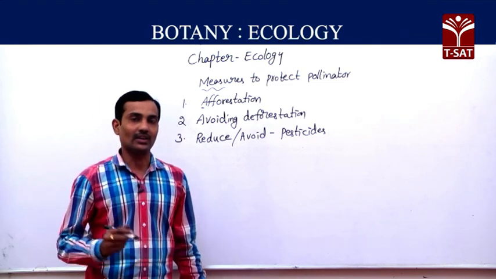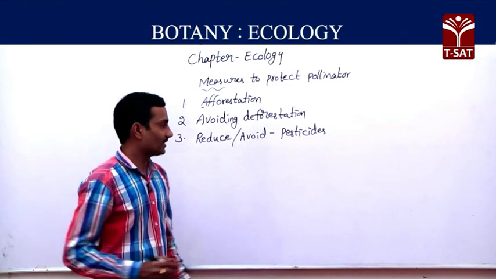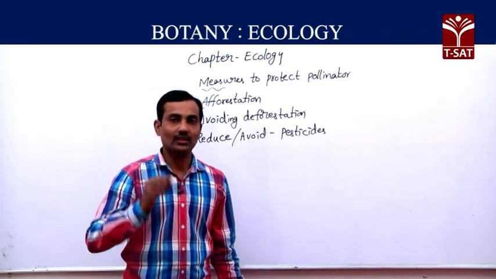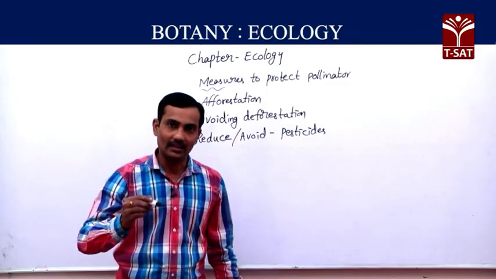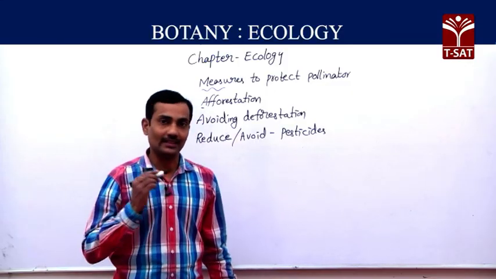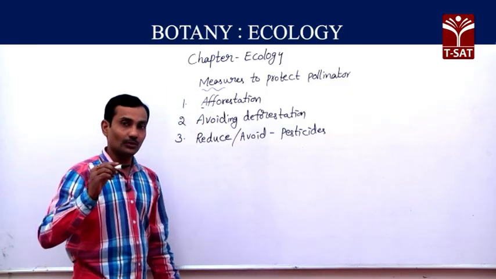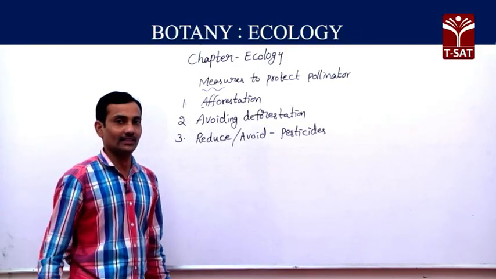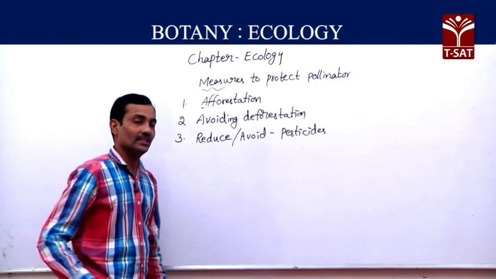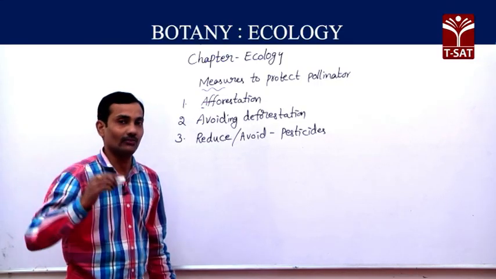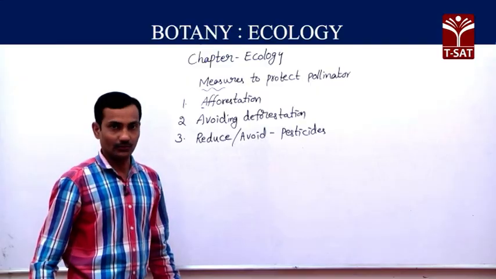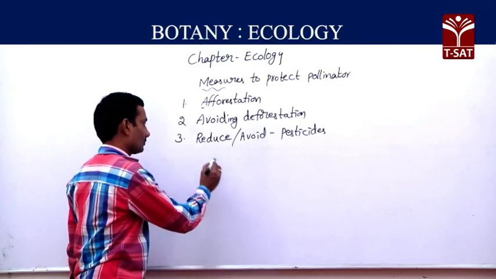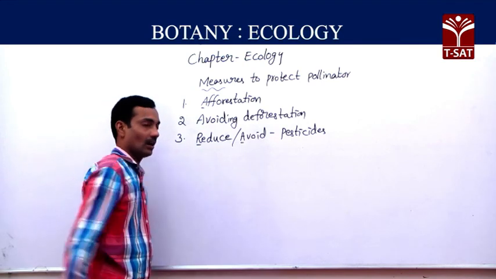But sometimes these chemicals also kill useful pollinators, because many insects are pollinators. So these pesticides kill harmful insects as well as useful insects. Ultimately agricultural yield decreases. So we have to reduce or avoid them.